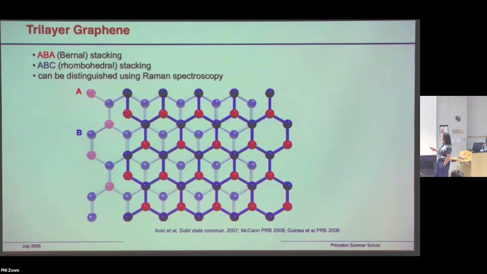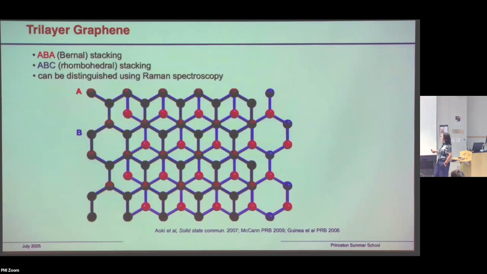Now you have two choices to add the top layer. One is that the top layer and bottom layer are exactly on top of each other, so that the sublattices are exactly on top of each other. That's the so-called ABA or Bernal stacking.